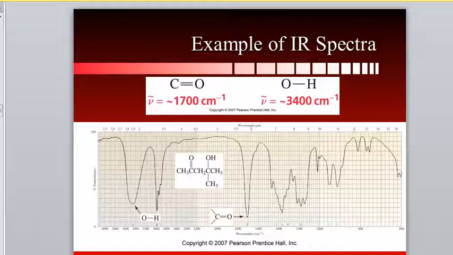So fingerprint region, we're not going to go there. There's too much. And there's no way that we can generalize anything to make learning it very easy. This is something that just comes with you running samples and getting comfortable with the spectrum and how that particular molecule behaves. Okay?